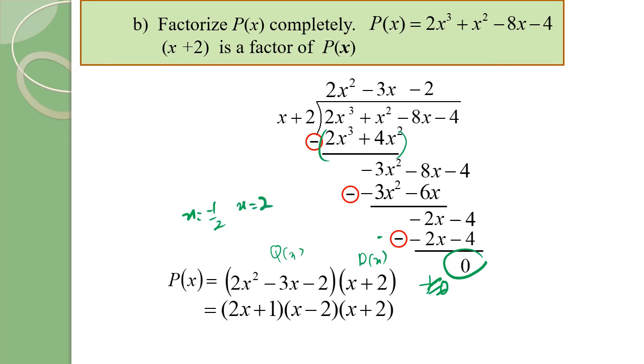So write down in the factor form, it will be 2x plus 1 equal to 0 and x minus 2 equal to 0. So these two will be the factors. That's why the answer is 2x plus 1 multiplied by x minus 2 multiplied by x plus 2. Okay, so this is the factorized completely form. Everything in the lowest degree, which is x to the power of 1.